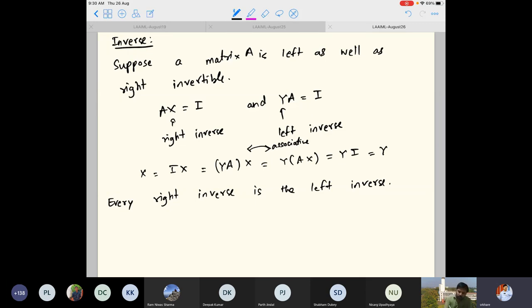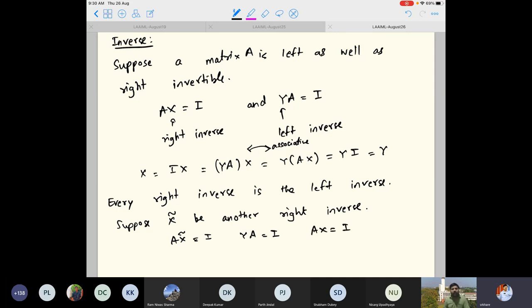How will you prove that? Suppose x tilde is another right inverse. Then what we know is A x tilde is equal to identity, and YA is equal to identity, and AX is also equal to identity, because x tilde is another right inverse.